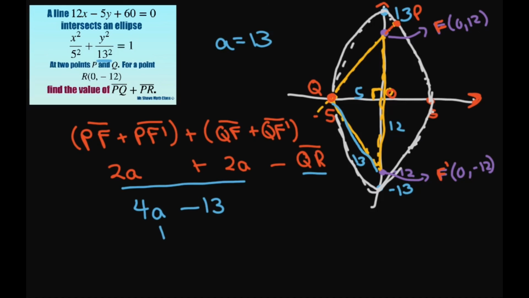And then substitute in your A, you're going to get 4 times 13 minus 13 equals 39. So that's the length of, let me use green, PQ plus PR, which would be this one.